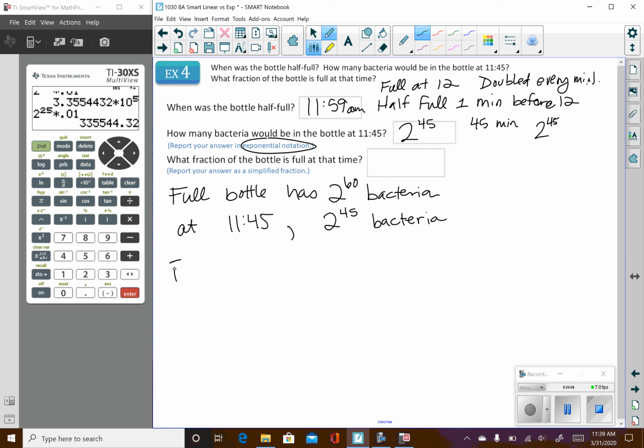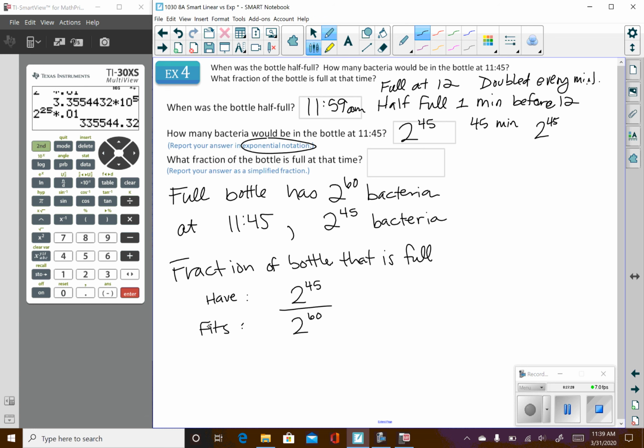So the fraction of the bottle that is full, well, we have 2 to the 45th, and the bottle fits 2 to the 60th. So this would tell us the fraction of the bottle that is full at that time.